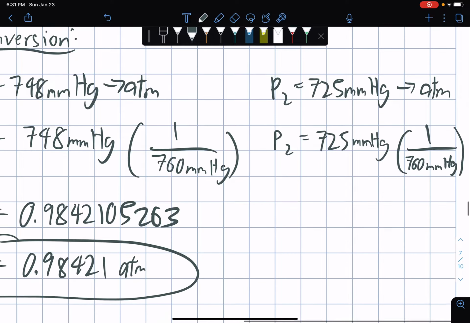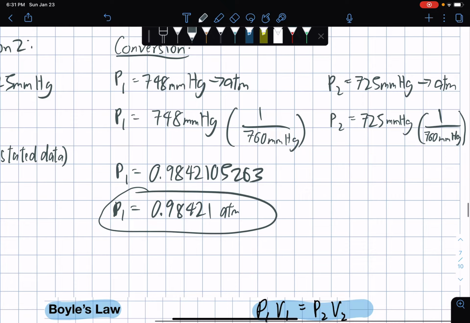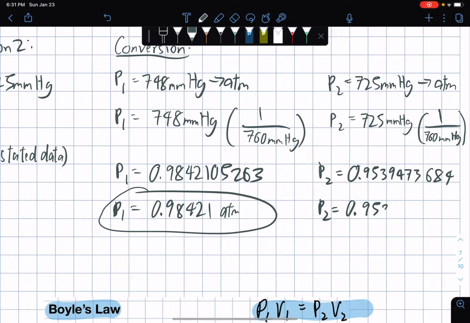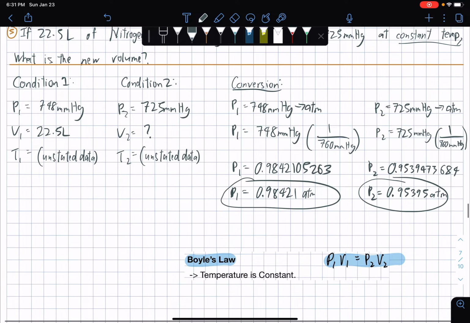Alright, place those values in the calculator and we'll get 0.9539473684. In other words, round that off to 5 significant figures, 0.95395 atmosphere. Alright, we're done with the conversion. There's nothing else to convert. Let's go with the equation.